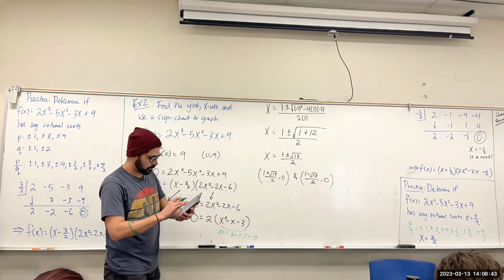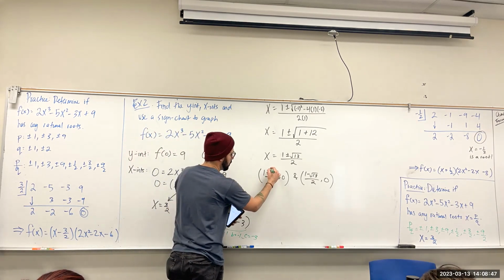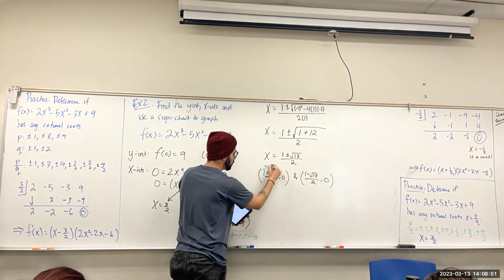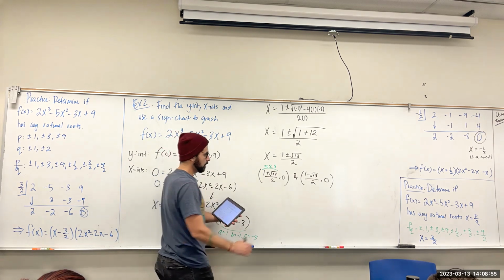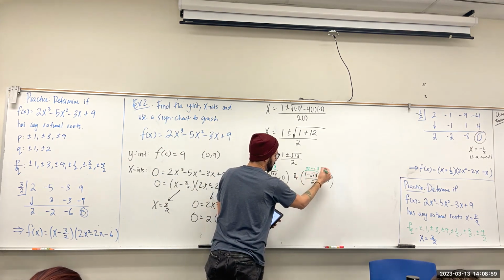Let's see the decimals of that. Yeah. So this here is about 2.3, you put that on a calculator. And then this one is approximately -1.3.